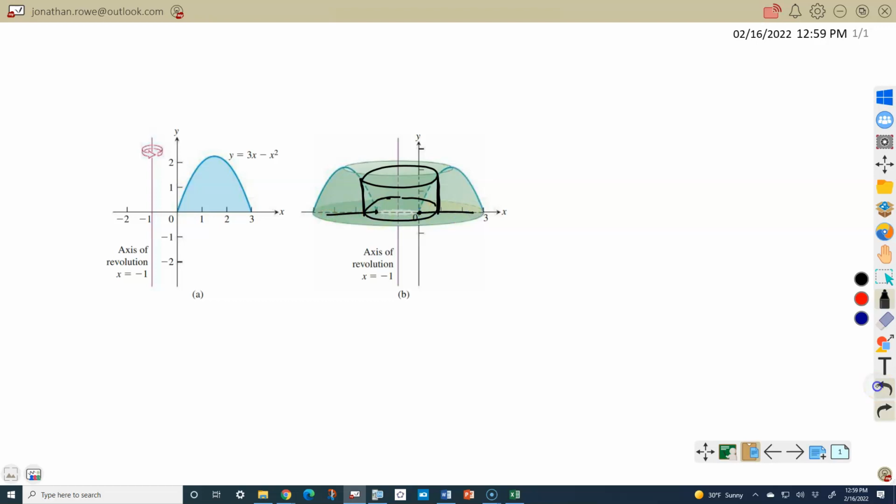What we want then is the surface area of that cylinder integrated from something to something else.